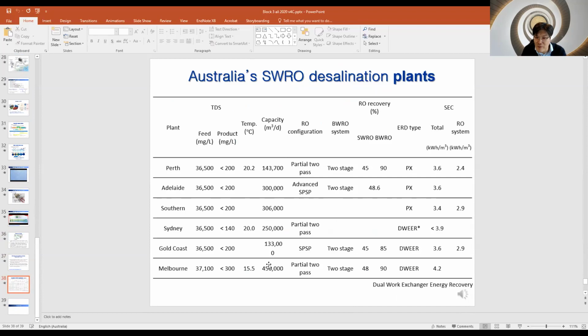At the same time, your permeate will be lower because you don't mix with the last element, which has a very high concentration of permeate. So you don't need the second pass. Most desalination plants in Australia utilize this split partial single pass or two-pass system.